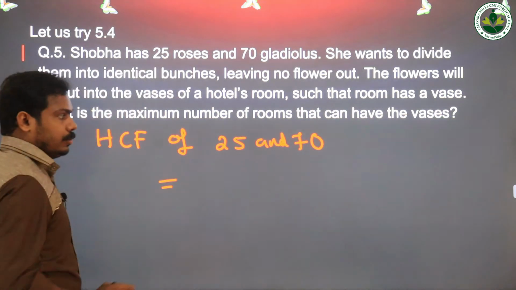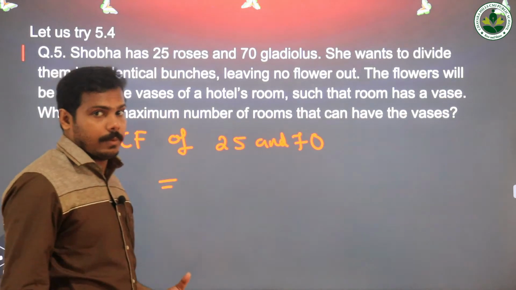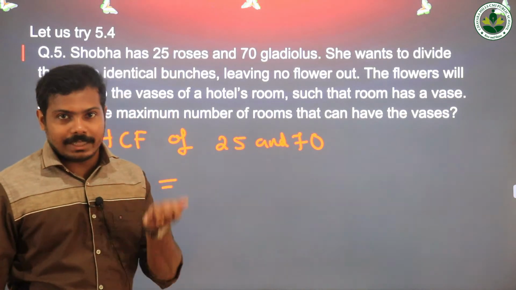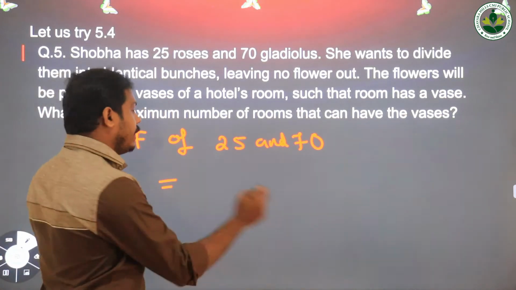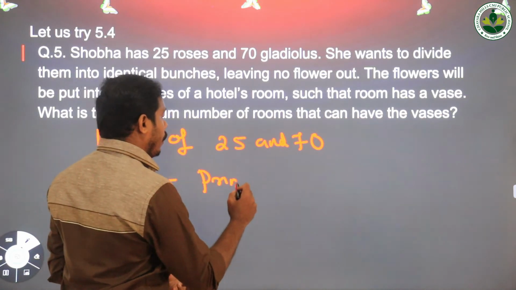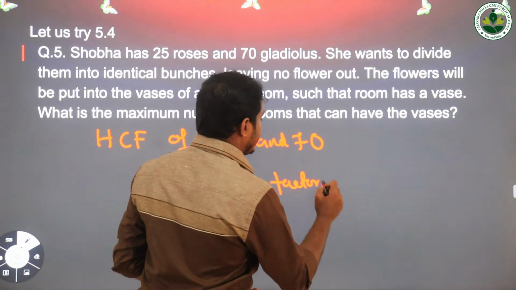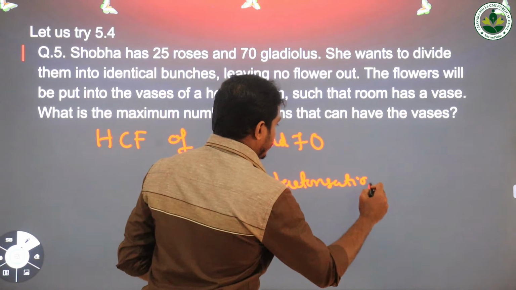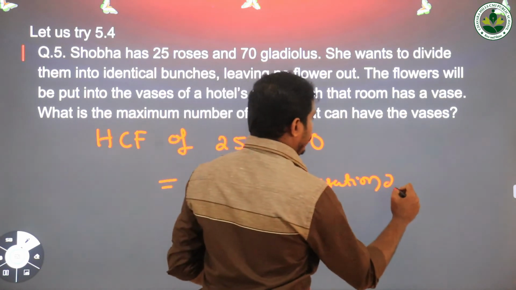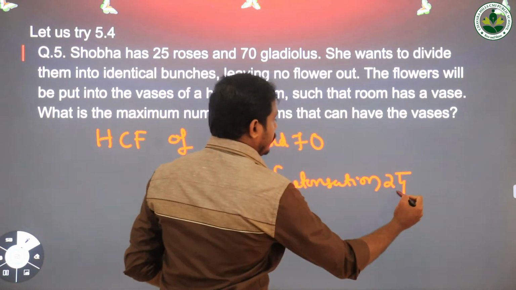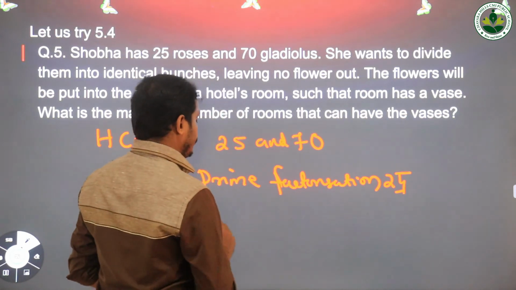How will you find the HCF of two numbers? We use the prime factorization method. We need to find the prime factorization of 25 and 70.